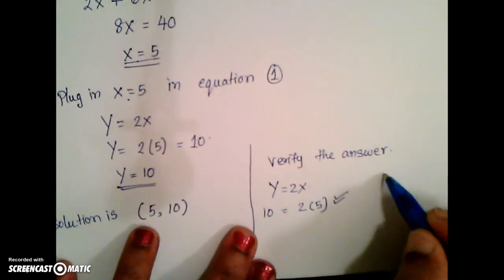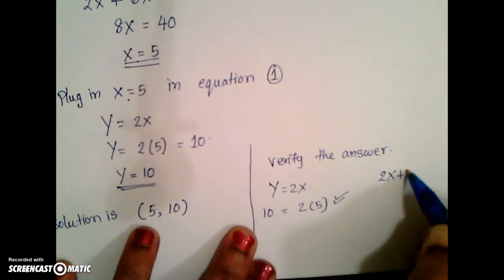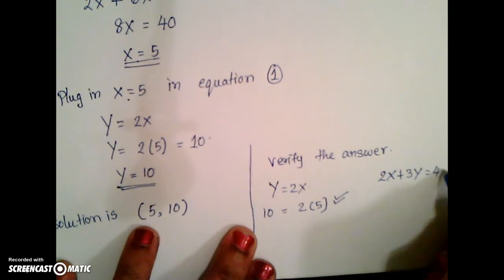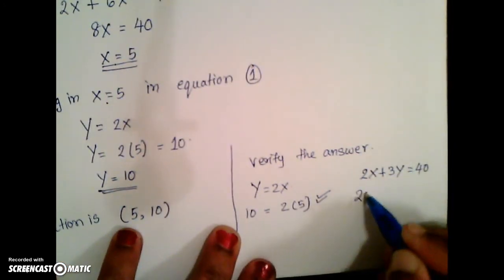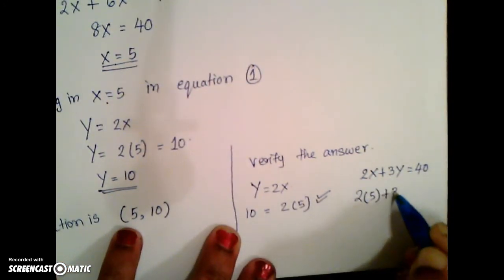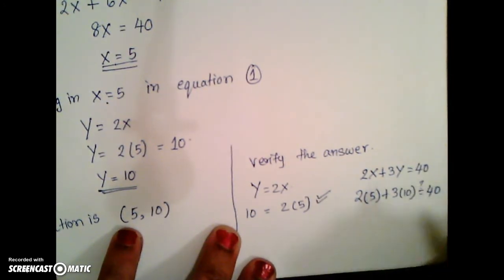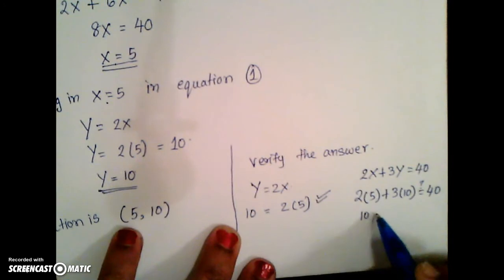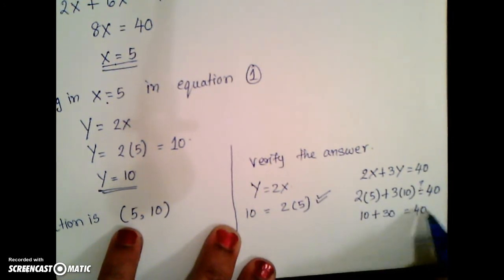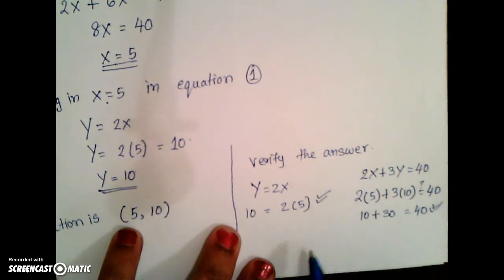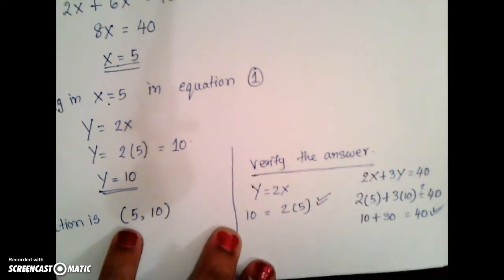Let's take a look at the second equation. 2x plus 3y equal to 40. X is 5. Y is 10. I want to know if this is true. So 2 times 5 is 10. 3 times 10 is 30. Equals 40. It works. So I verified my answer.